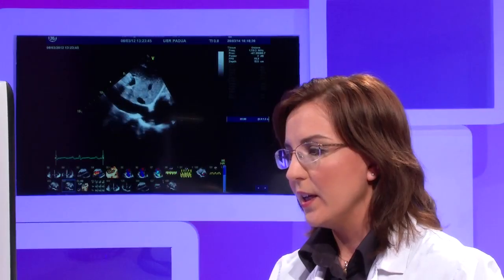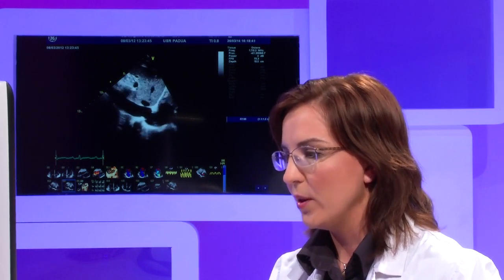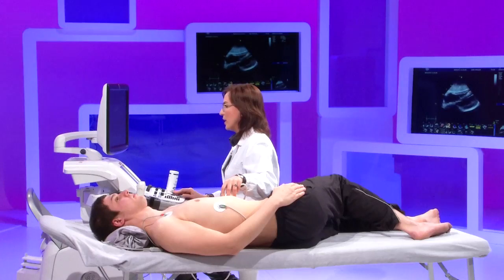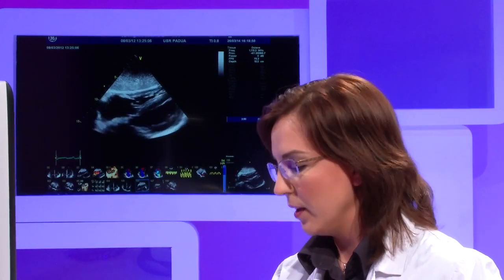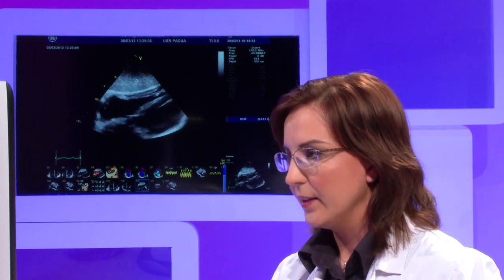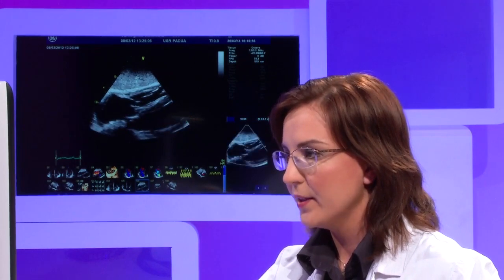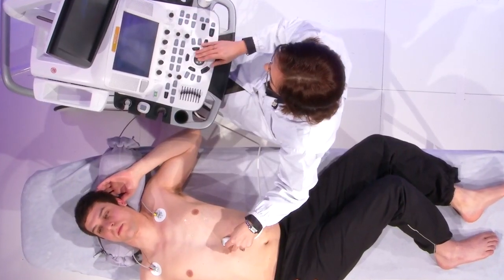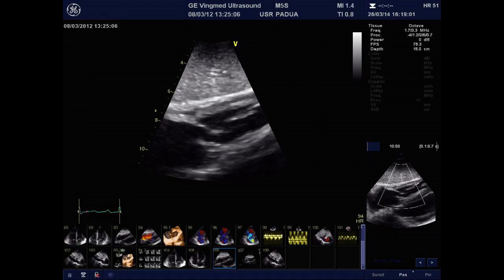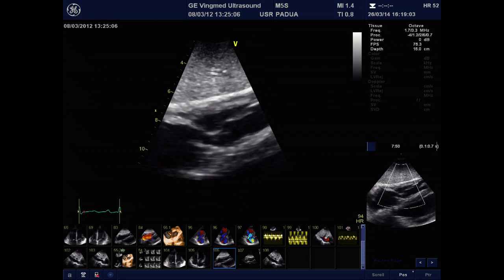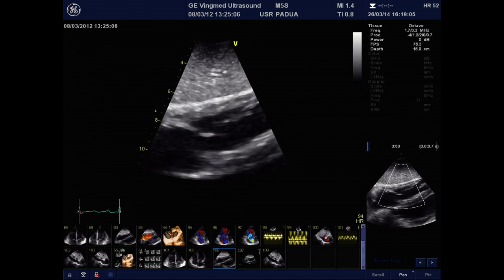If we would like to assess also the morphology of the right ventricle and the consequences on the right heart chambers, we can appreciate from the subcostal view the evidence. We can zoom the image of the free wall of the right ventricle, and you can see that there is evidence of right ventricular wall hypertrophy that we can also measure.